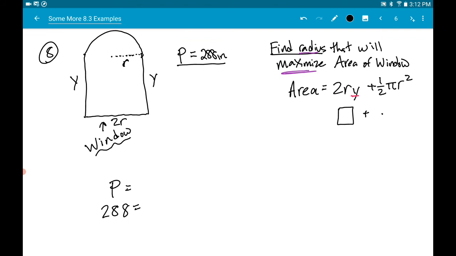Just to be thorough, this is my semicircle. So the perimeter is going to be 2r plus 2y plus the perimeter of the semicircle, and the circumference, I got too many formulas in my brain, is 2 pi r, but I only want half of that.